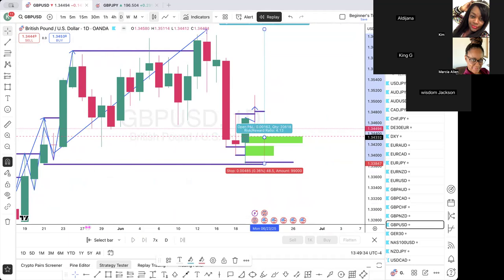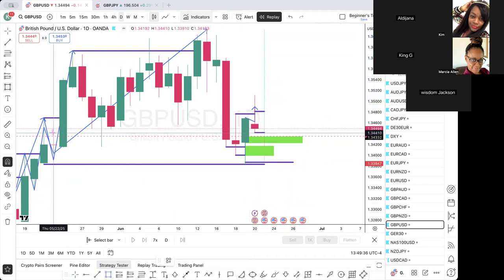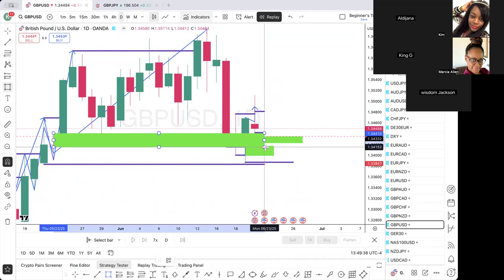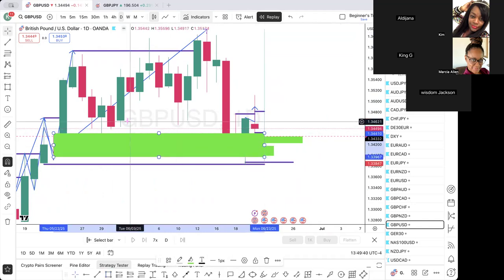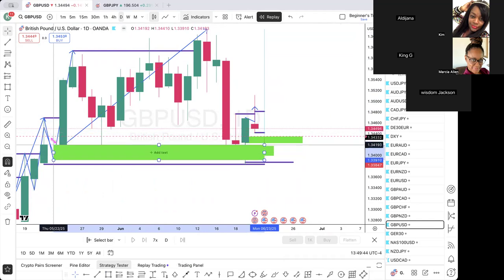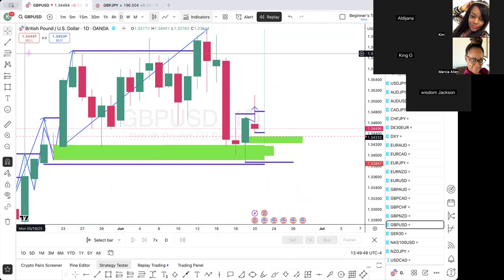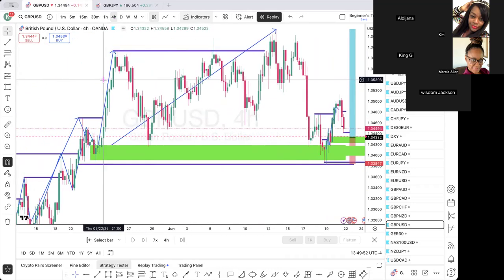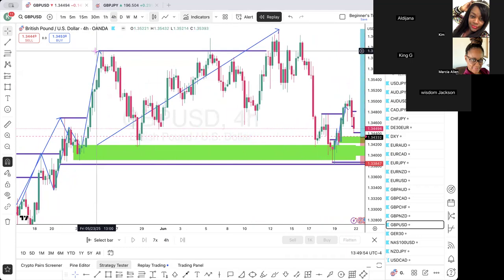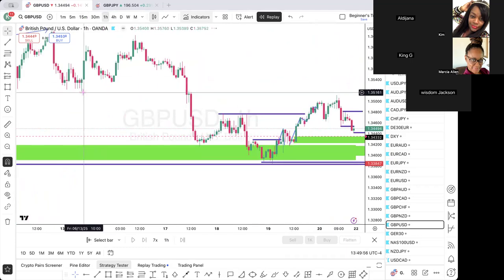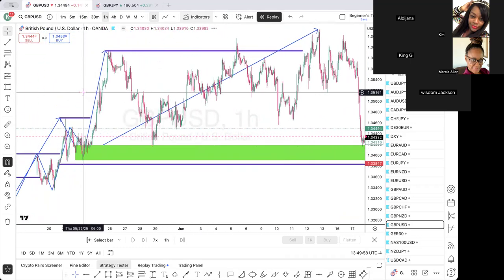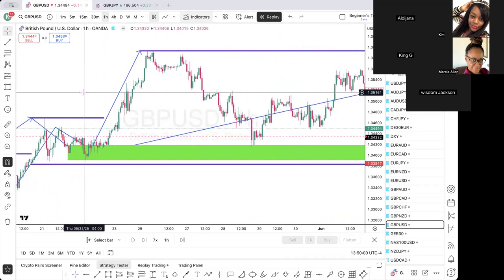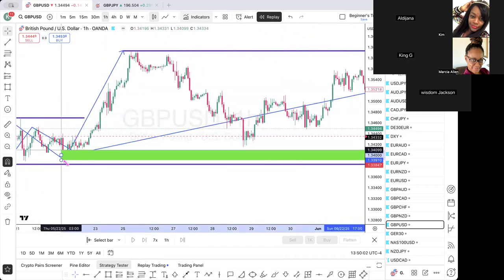Mark up your zones from the daily, and then go down in the lower time frame to narrow those zones down. Let's go down now to your demand zone.